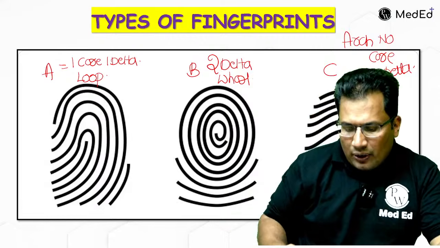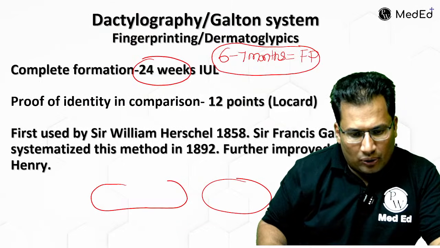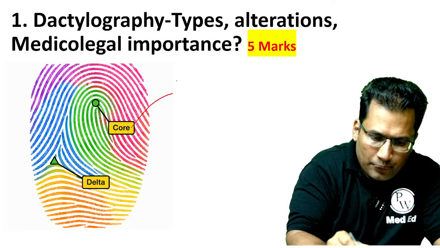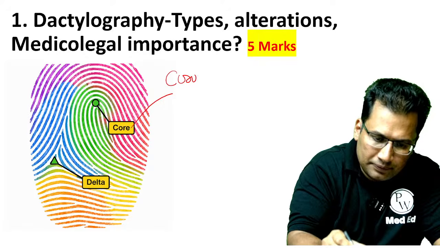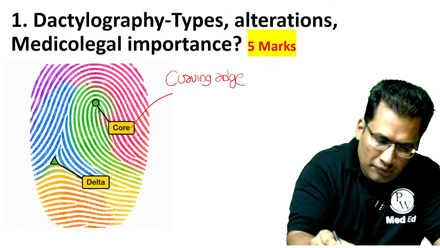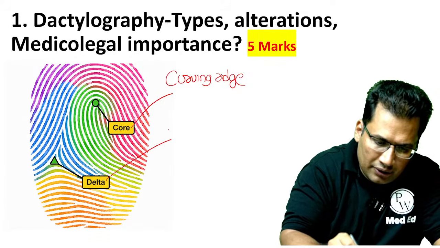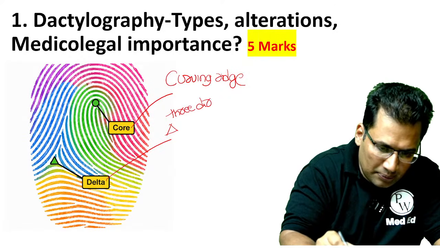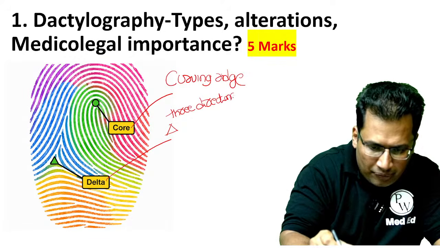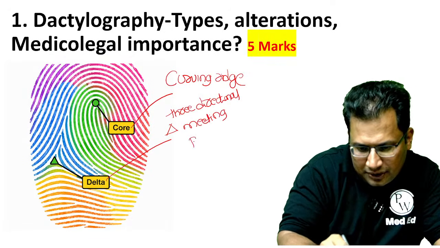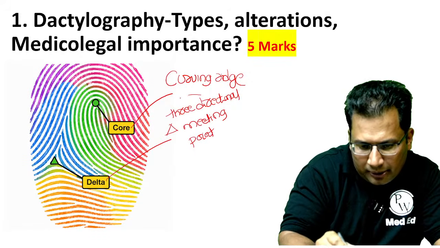So Srinivas is asking, sir, what is core and what is delta? Very good question. So beta, core, look here. Core means curving ridge. Delta means like this delta, a 3-directional meeting point.